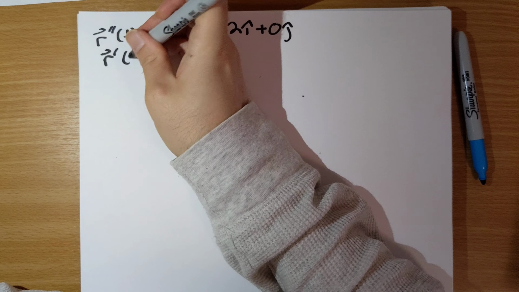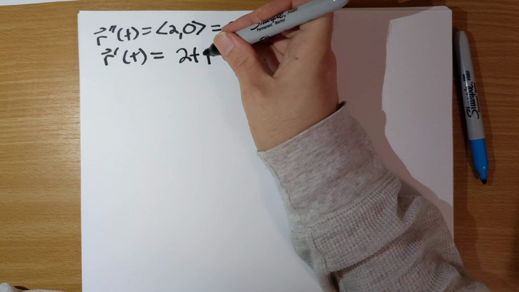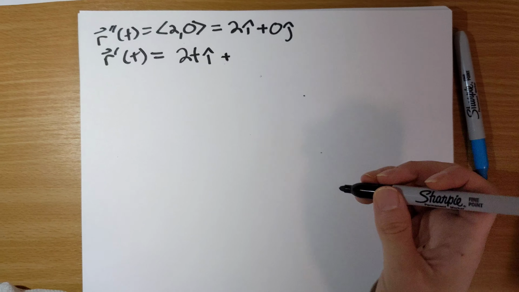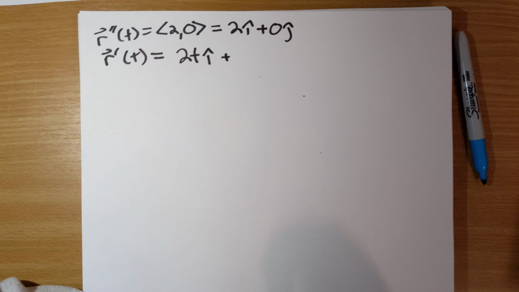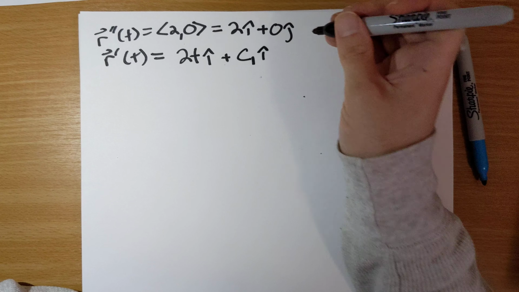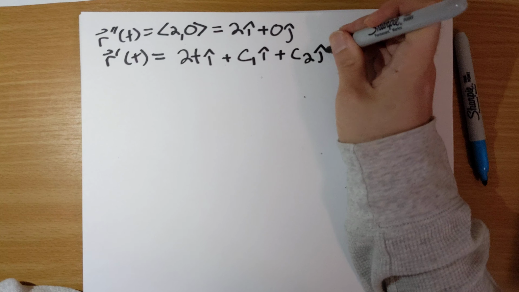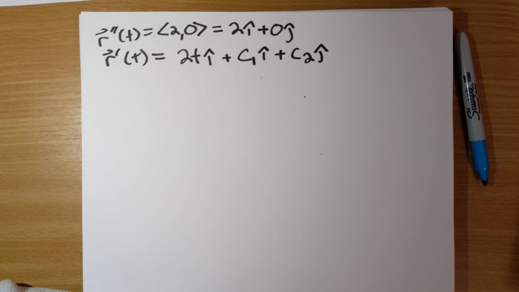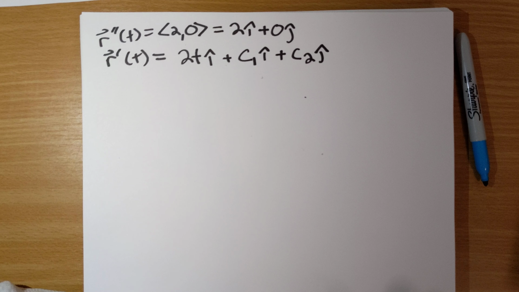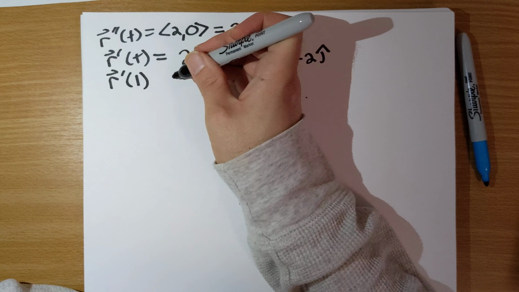If we integrate this once, we get 2t i hat plus 0t j hat, that's just 0, plus our constant. We have a constant attached to the i hat plus a constant attached to j hat. And we are told something about r prime of 1.